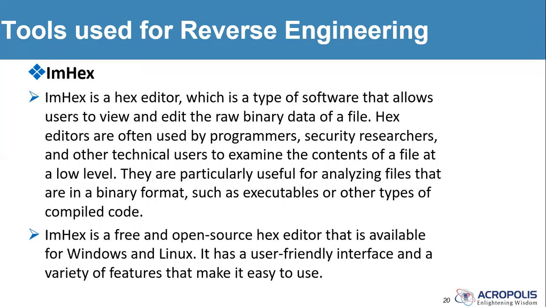They are particularly useful for analyzing files that are in binary format, such as executables or other types of compiled code. HxD is a free and open source hex editor. It is available for Windows and Linux. It has a user-friendly interface and a variety of features that make it easy to use.